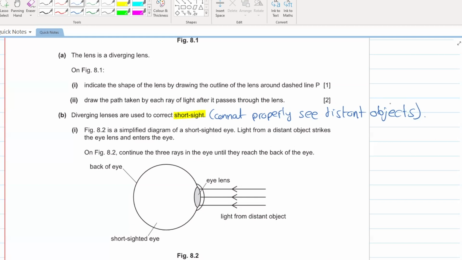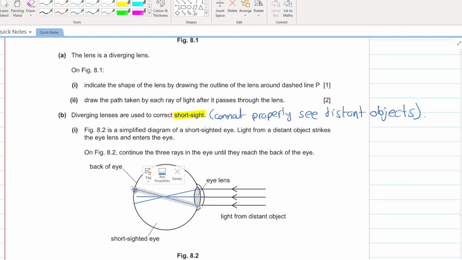Now, do you remember that in short-sightedness, what did your lens do? In short-sightedness your light rays would converge before the retina. Let's draw it properly, somewhat like this.